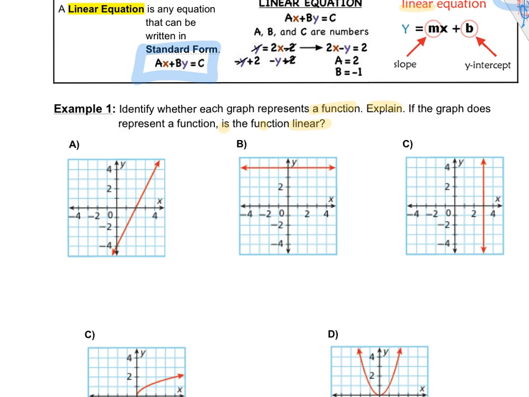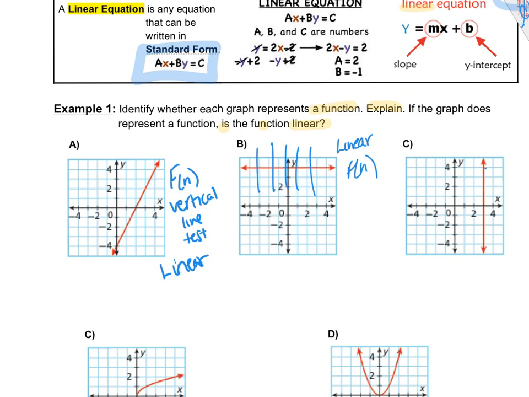It is a function because only one point is crossed by a vertical line, or you could just say because of the vertical line test. So that's probably shorter. You could just say vertical line test, and it's linear. The next one is also, if we put a vertical line through it, it is also a function, and it is also linear.